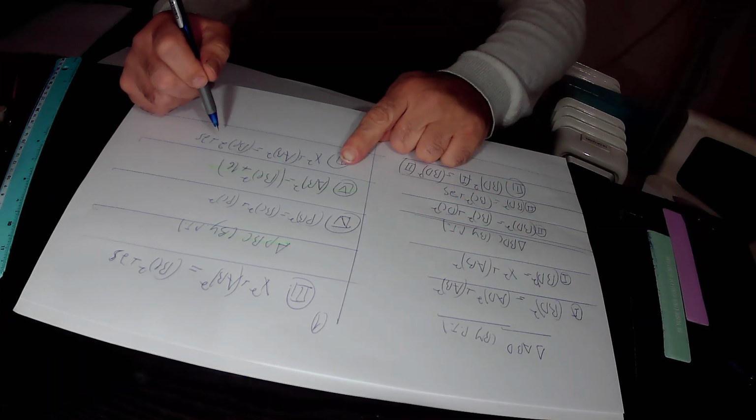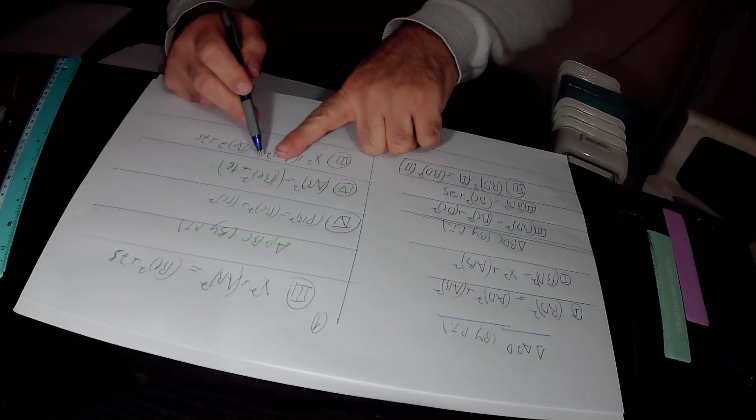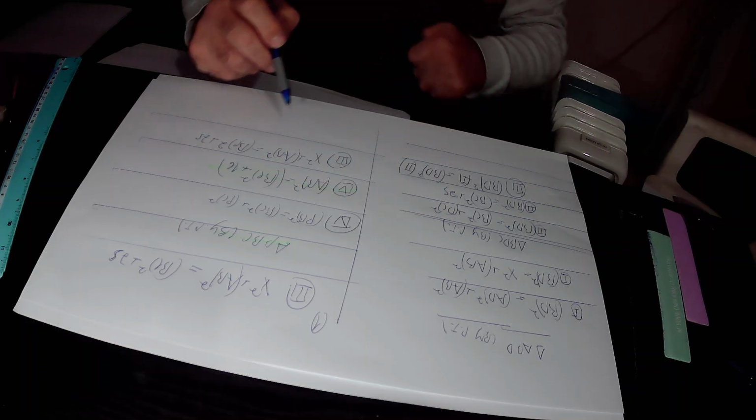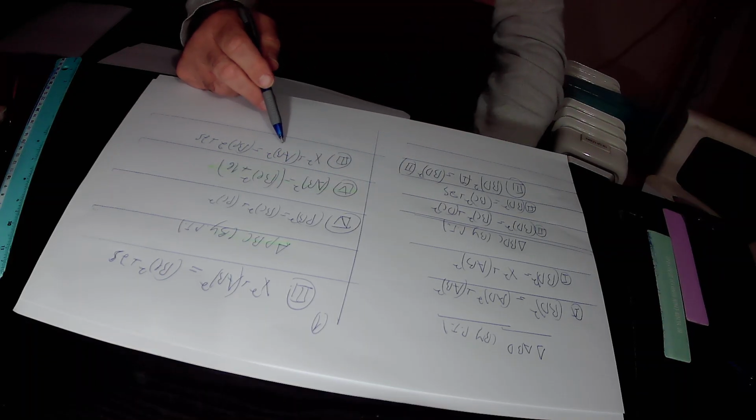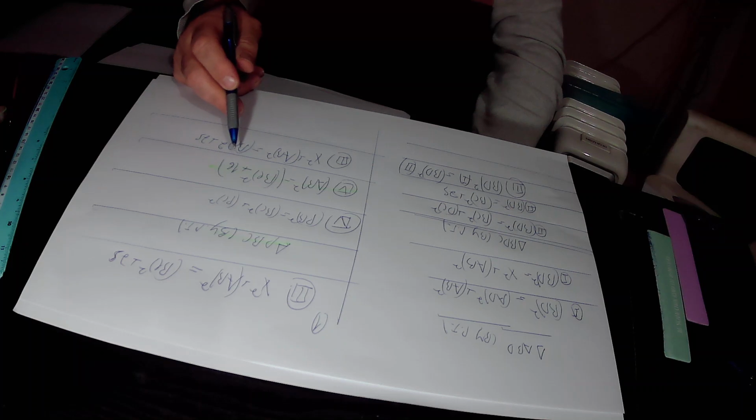But we just found out that AB squared equals BC squared plus 16, so we can substitute AB squared in equation 3 by BC squared plus 16.